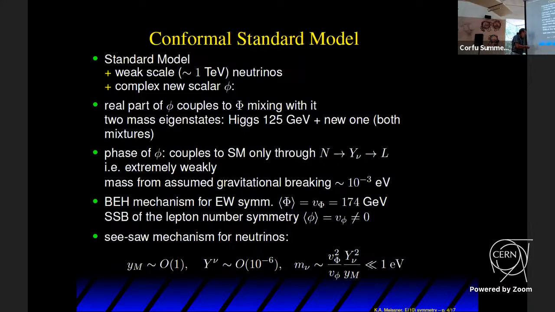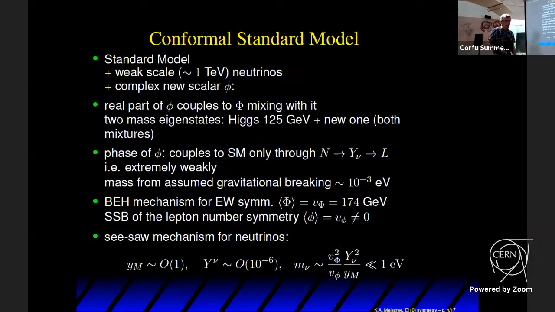We assume that the scale is of the order of the weak scale, but the coupling is very small. This Y nu is very small. So we have masses of neutrinos from the seesaw. So it is not a large scale with a coupling of order 1, as is usually assumed for the seesaw mechanism. The Dirac coupling is of order 1, but the coupling to right chiral neutrinos is very small.